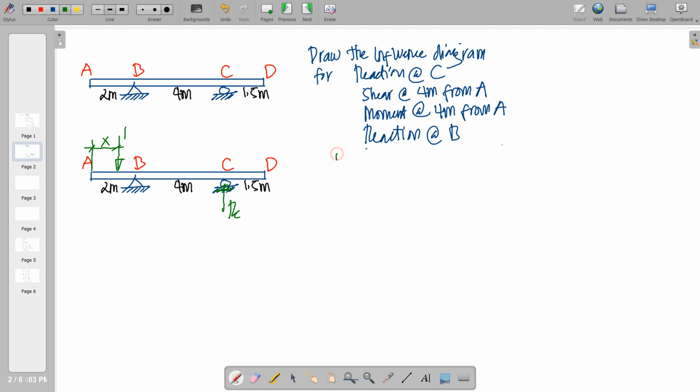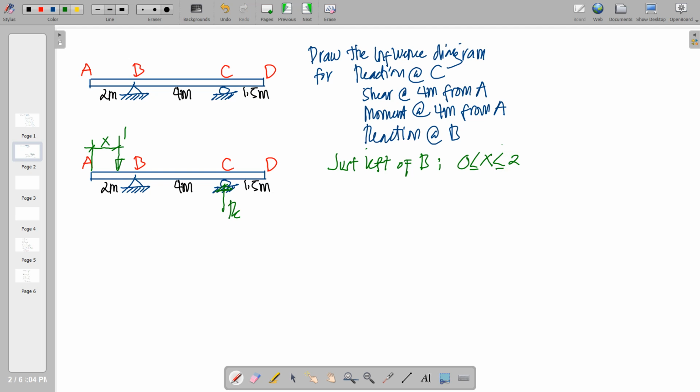So we denote an equation for just left of B, and normally that is indicated by X greater than or equal to 0, or less than or equal to 2.